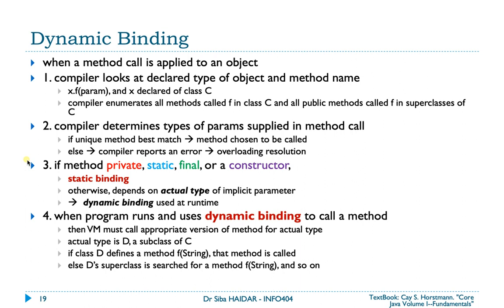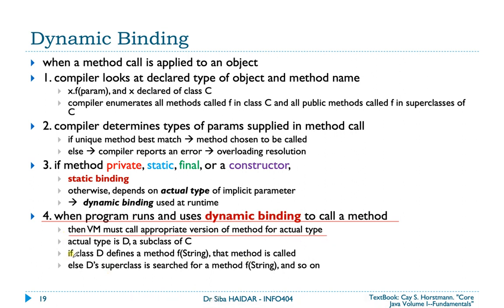Otherwise, the compiler at least has one method in hand, but he doesn't know if this method will be executed or an overriding method. So otherwise, this depends on the actual type of the implicit parameter, and this is called dynamic binding. What is dynamic binding? It is when the program runs and uses dynamic binding to call a method. What happens? The virtual machine must call the appropriate version of the method for the actual type.